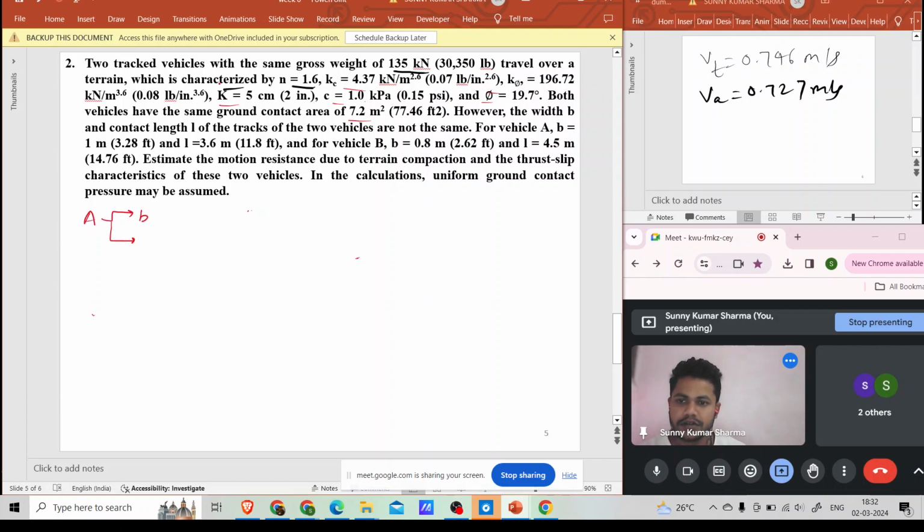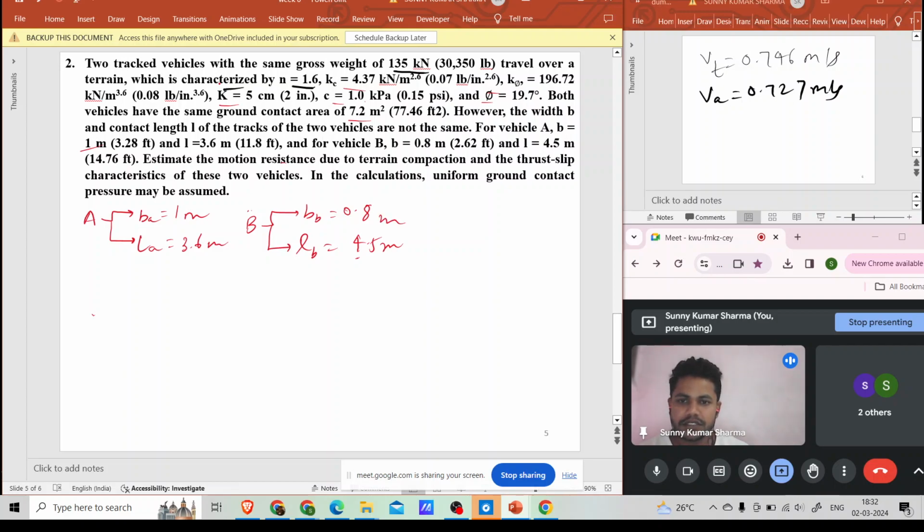So B is denoted for vehicle A is 1 meter and length for vehicle A is 3.6 meter. And for vehicle B, width for vehicle B is 0.8 meter and length for vehicle B is 4.5 meter.